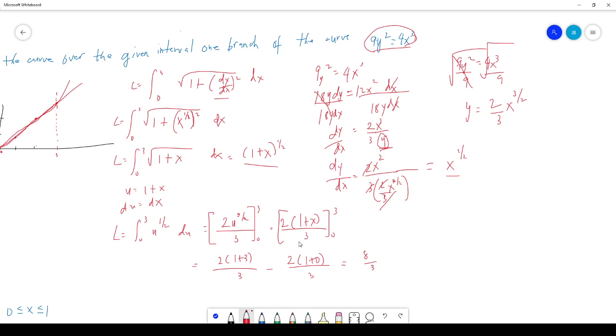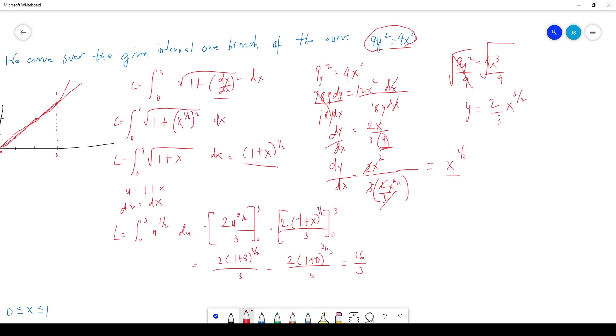Oh, okay. So we forgot to put 3/2 here. Sorry, very careless. I'm sometimes careless. So 2 times 1 plus 3, that's raised to 3/2. So that's 4 raised to 3/2. So 8 times 2, 16 over 3.